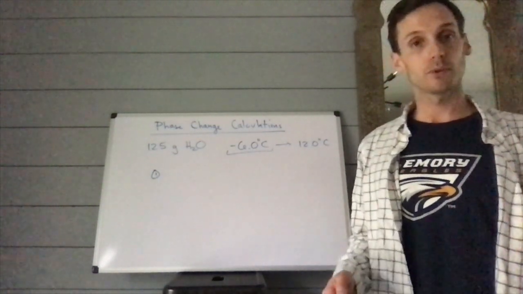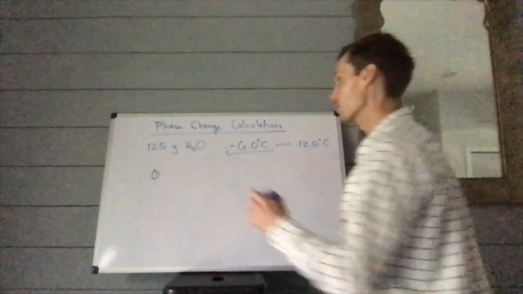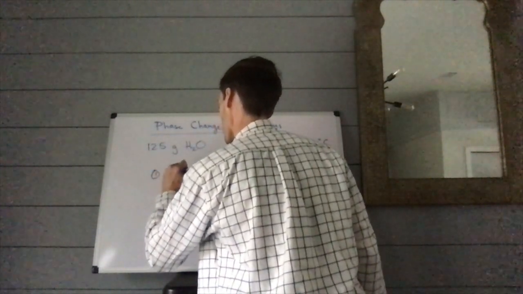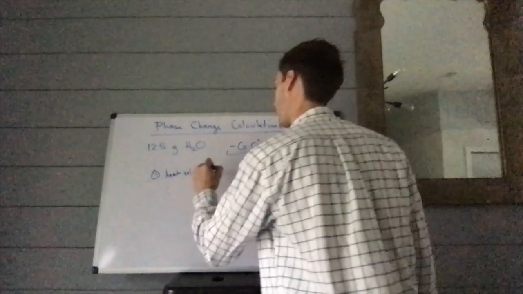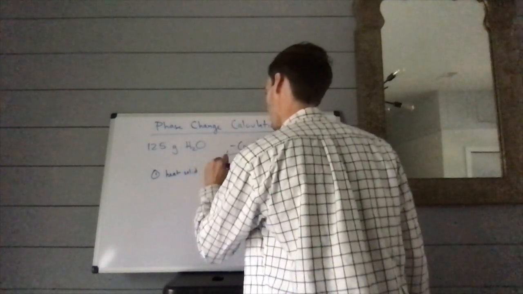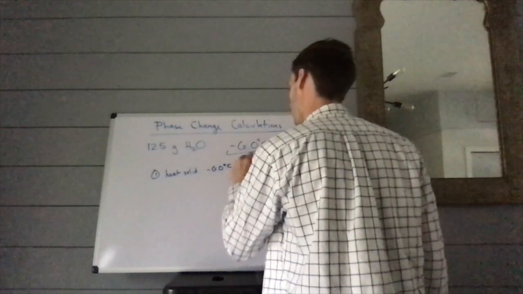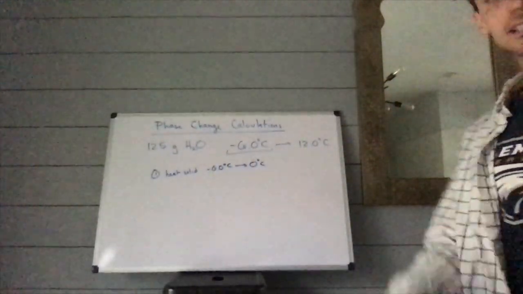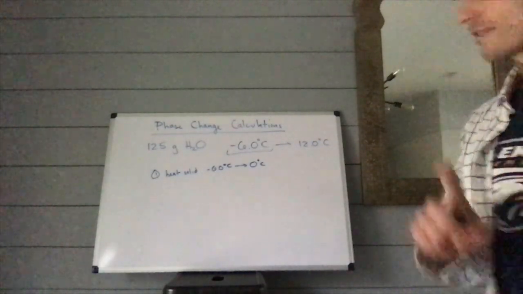Which, you know, the melting point of water is at 0. So what we have to do is heat the solid from negative 6.0 degrees Celsius all the way up to 0 degrees Celsius. Okay, that's the first step that we're going to have to do.